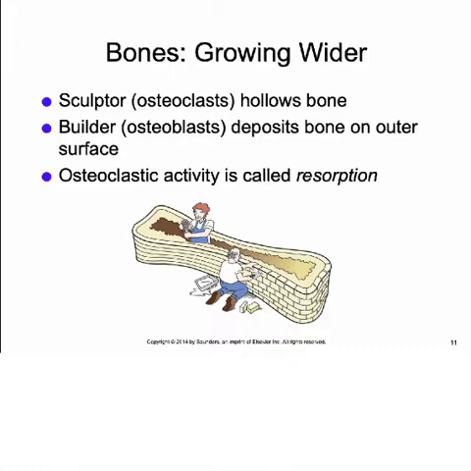And one of the ways to slow that process down is to do weight-bearing exercise. If you do weight-bearing exercise, the bone is able to signal the bone cells, the osteocytes and the osteoblasts, to basically step up their game and to deposit more bone and make it denser.